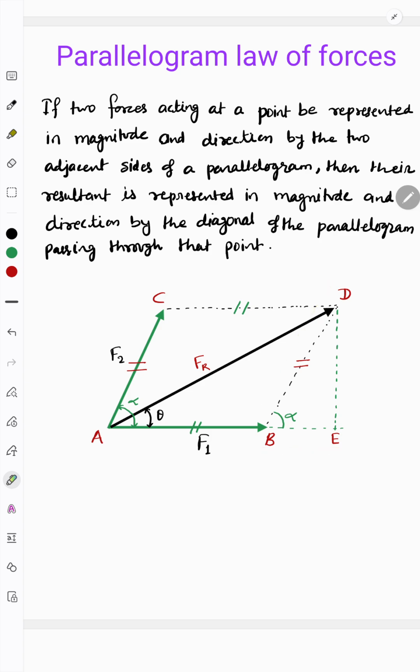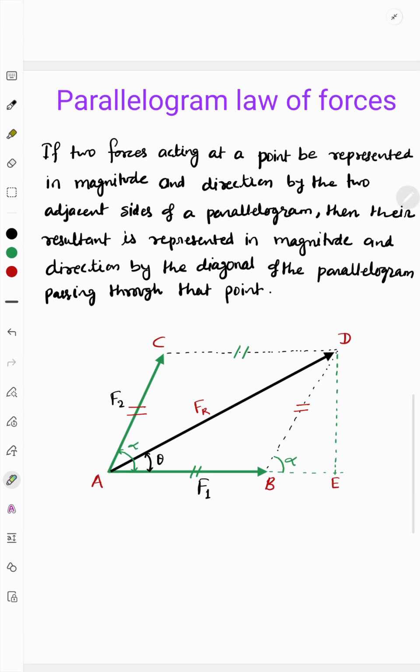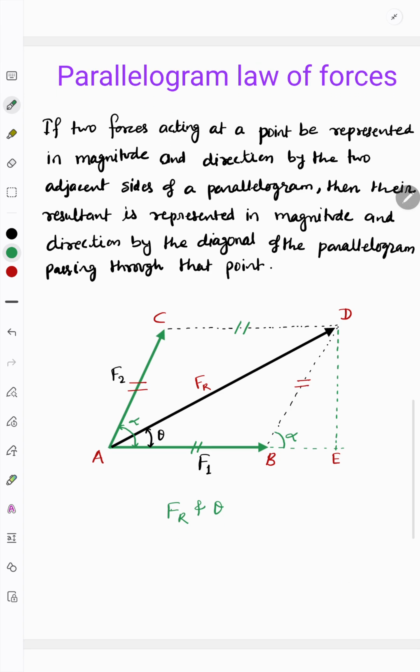Our main motive is to calculate two parameters: one is FR, the resultant force, and the second is theta, the direction. So how are we going to do this? That we have to see.